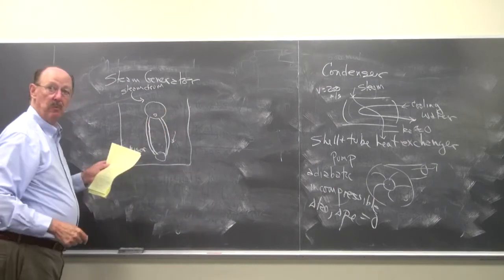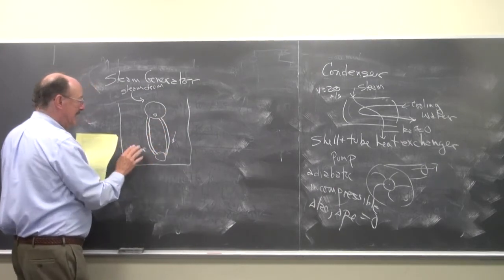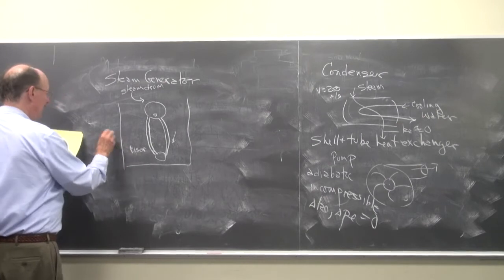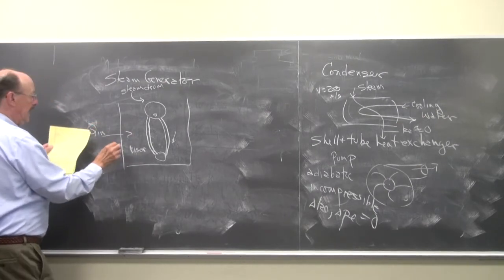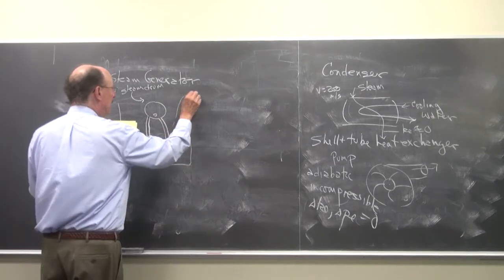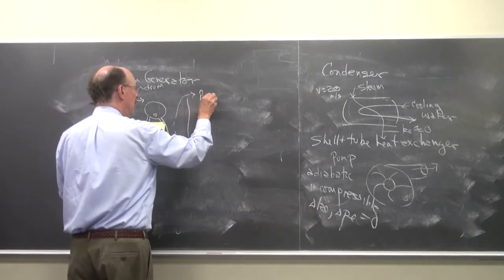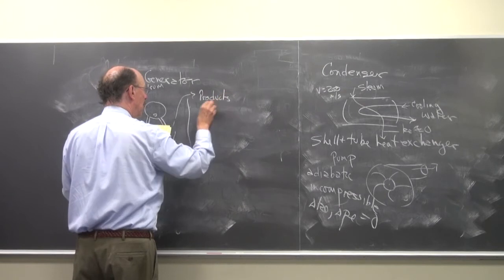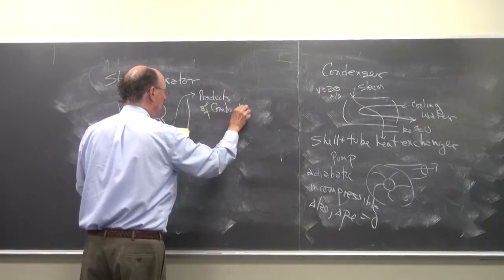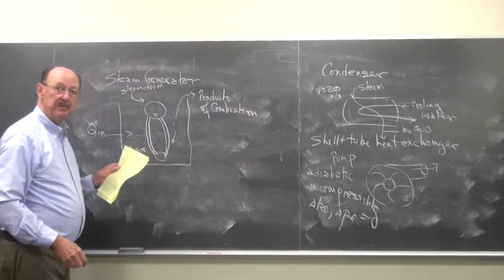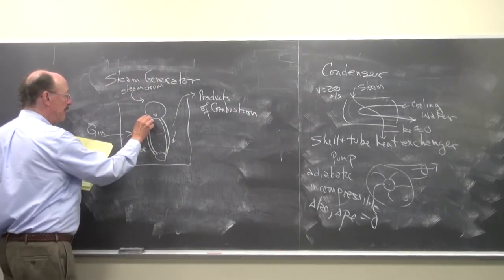So your water goes down, it's getting heated, so I have my Q dot coming in, Q dot in, and it goes over this, and here are the products of combustion. So the water comes in, and now we have little bubbles.